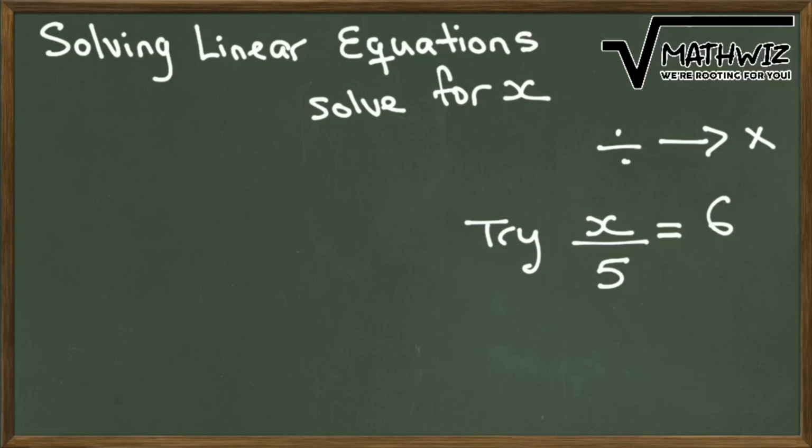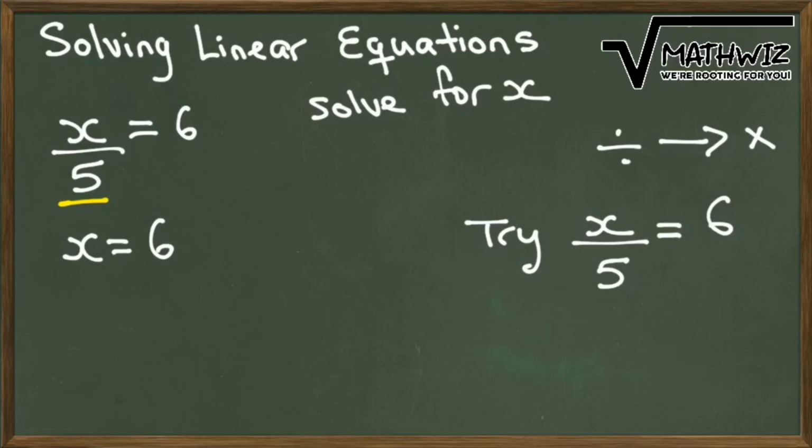All right, so provided you just work it out on your own, we have x over 5 is equal to 6. So the 5, which is divided, then we take it across. We are going to multiply. And 6 times 5 is 30.